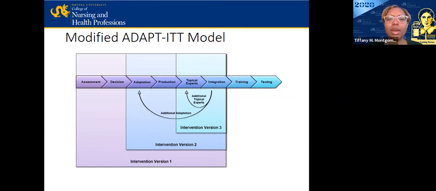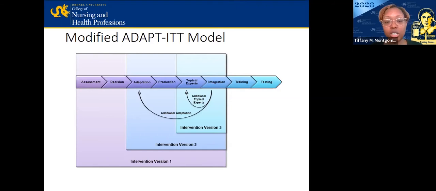But the adaptation phase, I went back to twice, because after I integrated thoughts and comments from the Research Advisory Board and also a focus group that I held to confirm the findings of the Research Advisory Board, I had to make some changes to the intervention.